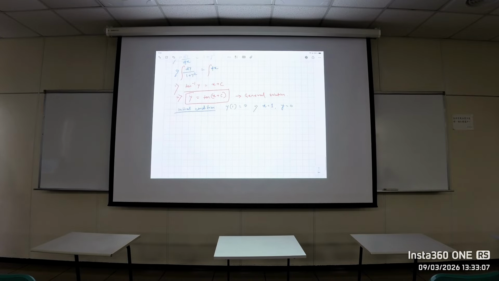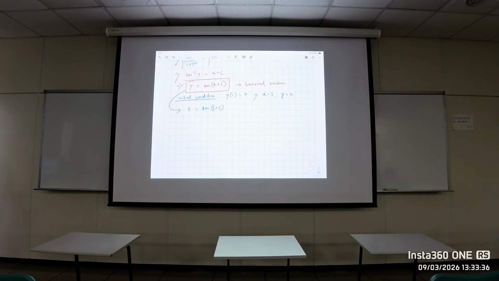So if I put these values here, then it will be 0 is equal to tan of 1 plus c. Right?